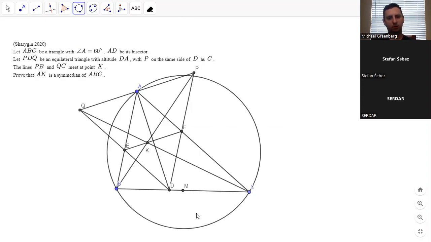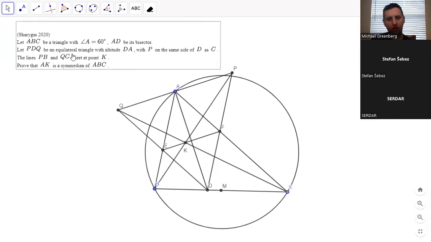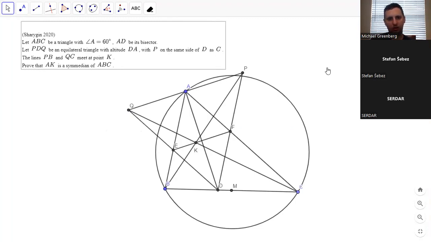I've solved it. It's a little computation. We will prove that. We know that PQ is parallel to EF. So we can write that BK over KP equals BE over EA, and QK over KC equals AF over FC. So we want to prove that FC times BE equals AE squared.